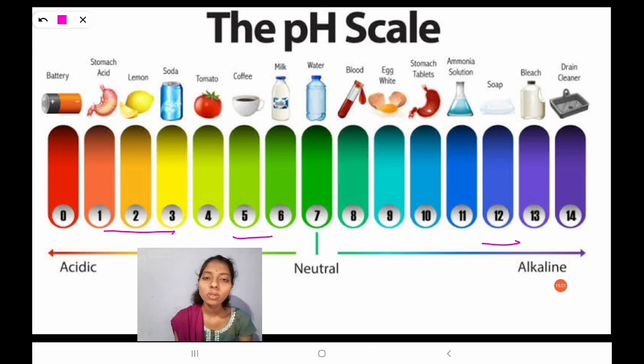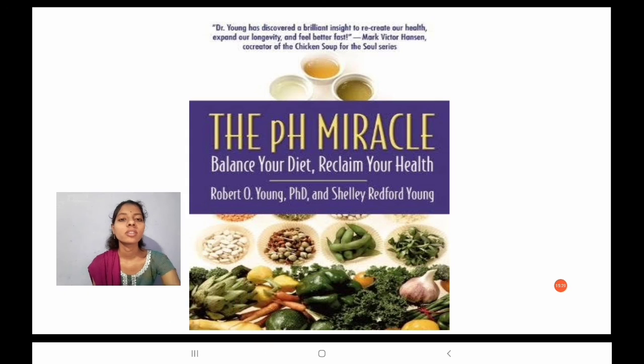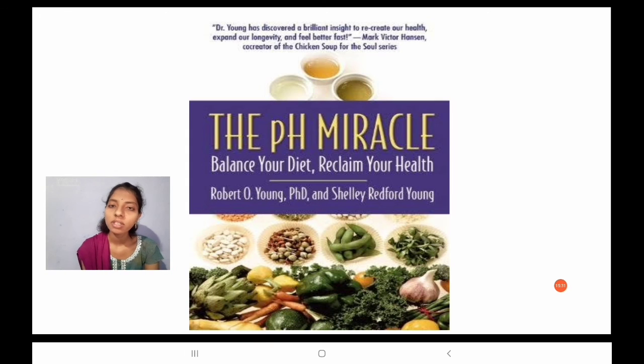So based on the nature of the substances, we place the substances on this pH scale, right? By seeing their properties and sources, we can arrange the substances on this pH scale according to acidic and basic nature. And pH balance books are available in the market.